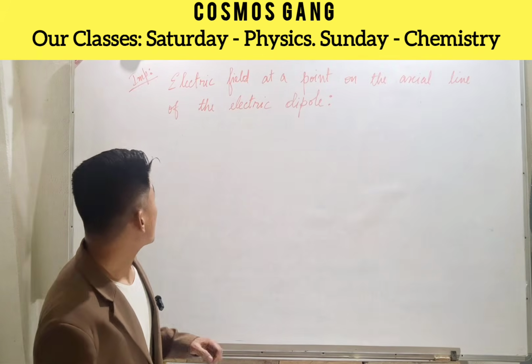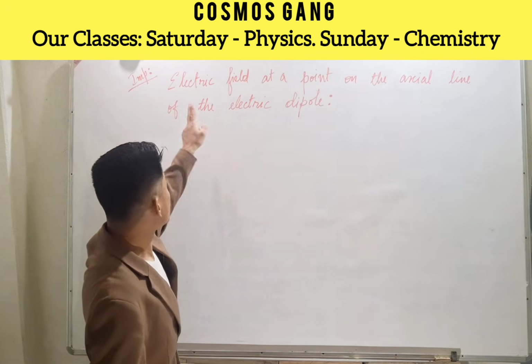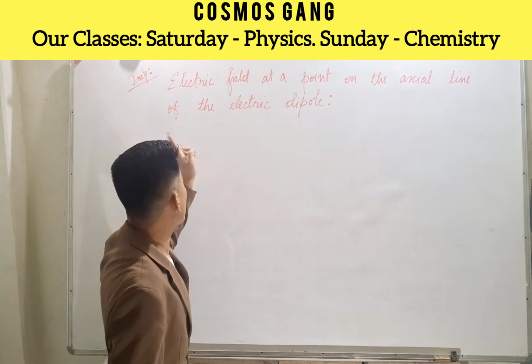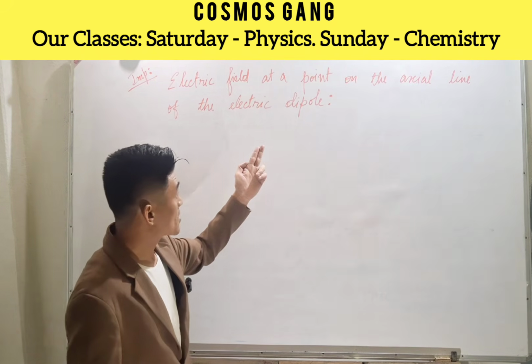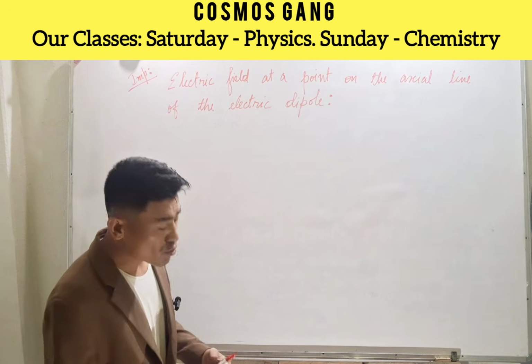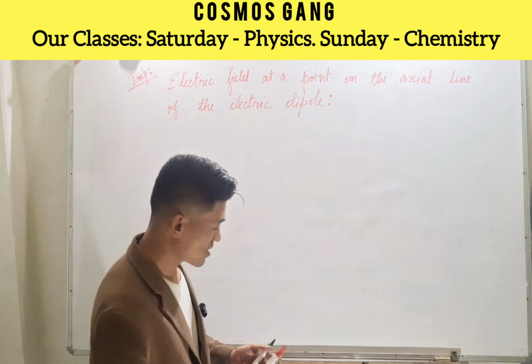Now we will try to learn what is the electric field at a point on the axial line of the electric dipole. Remember the axial line, we are going to use that concept.